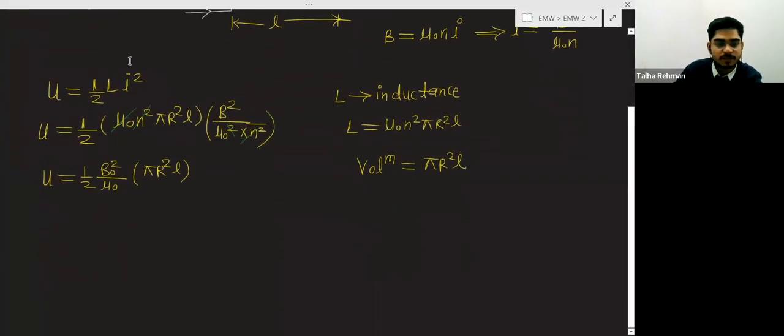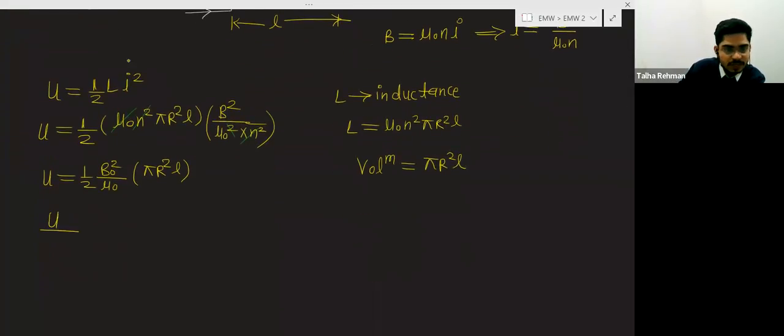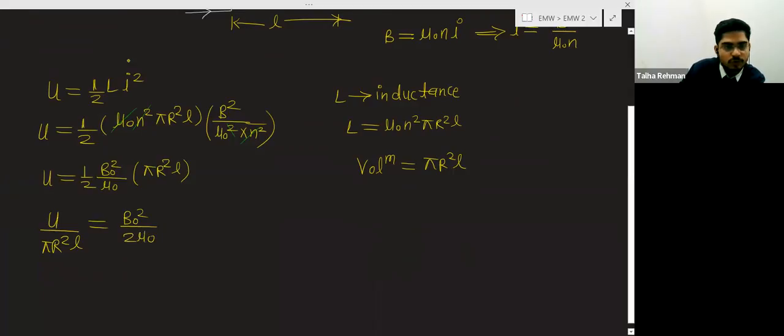Energy density is energy per unit volume. So this is the energy and this is the volume, pi r square L. This is equal to B square divided by 2 into mu naught.